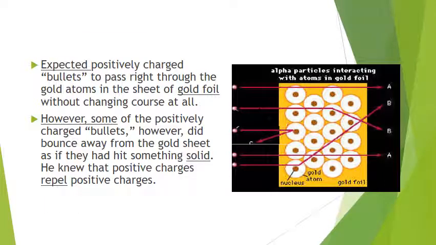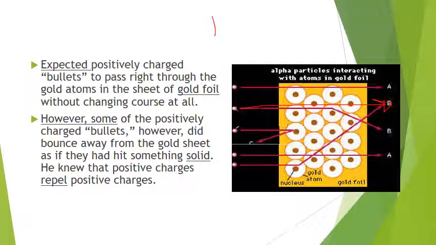So he expected the positively charged bullets to pass right through the gold atoms in a sheet of gold metal without changing course at all, because they're really heavy, and they just fly through, splash, all right? However, every once in a while, he found there was an indication of a particle being reflected back on one of the other screens, not the back screen.